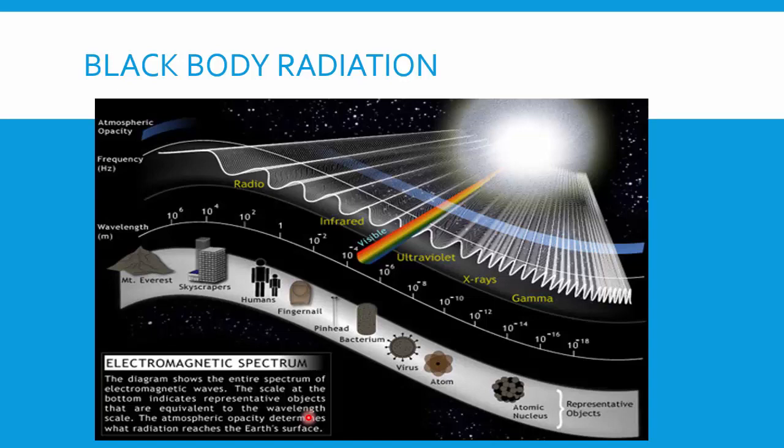So before I explain black body radiation, let me give you an idea about the electromagnetic spectrum. On your screen, you have the visible region, and this is expressed in terms of wavelength as well as frequency. From left to right, the wavelength is decreasing and frequency is increasing.